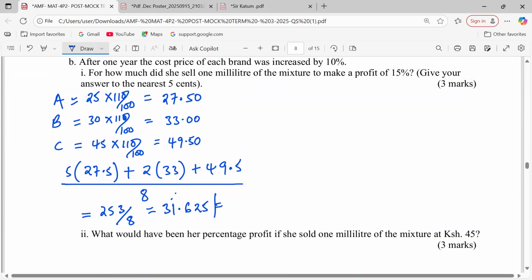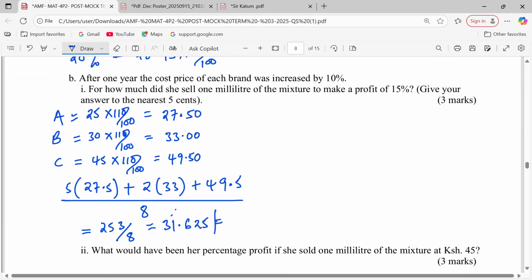Now she intends to make a profit of 15%. Selling price. So we will say this cost price of a millimeter of the mixture, costing 31.625, should be the 100%.